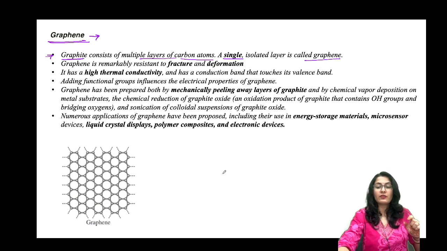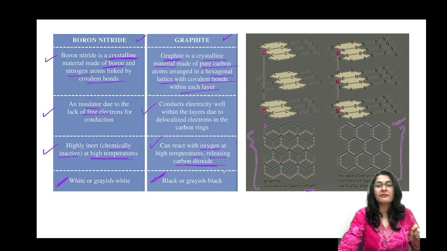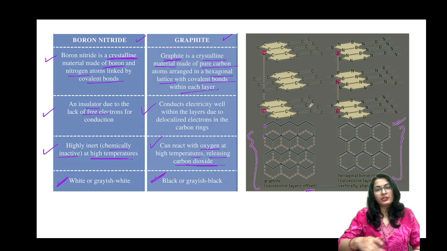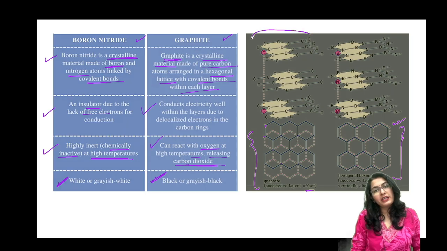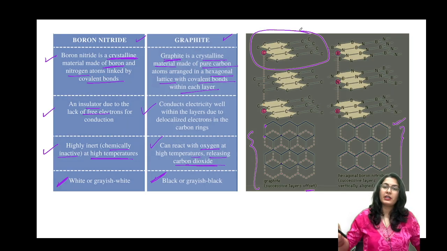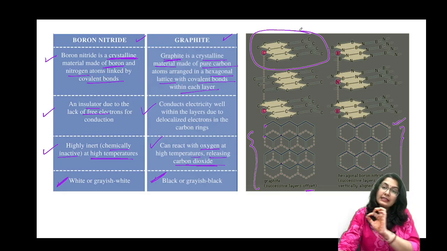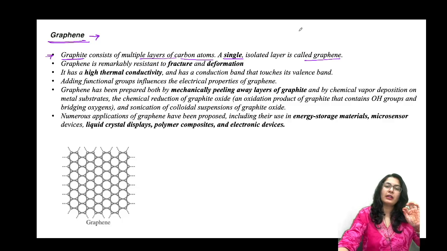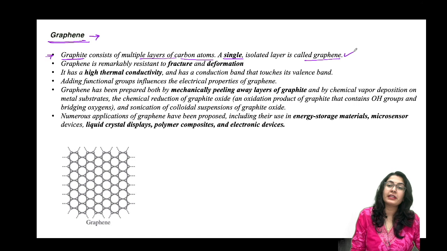We have discussed graphite over here. This one, this complete thing is graphite, many different sheets lined on top of each other. If I just separate out one long sheet, that one very thin single sheet of carbon, carbon, carbon in just one linear manner, that is graphene.